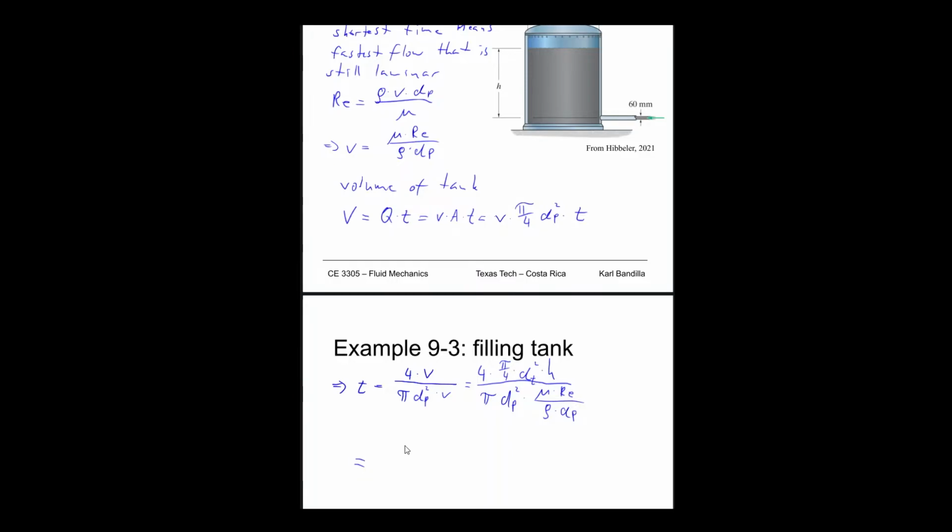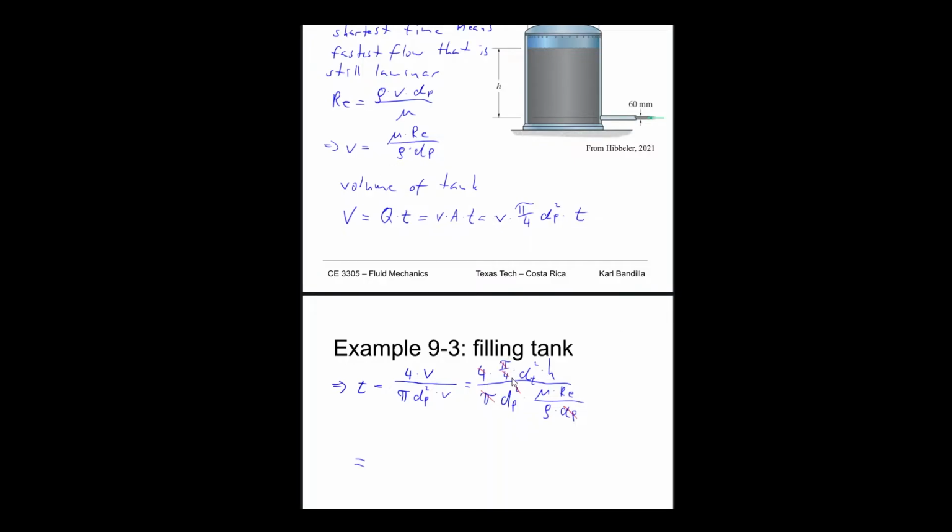And with that, I think we have only knowns in here, so we can start plugging in numbers. Actually, we can simplify that a little bit before we do that. We can cancel those two 4s out, we can cancel one of these, and we can cancel a pi as well.